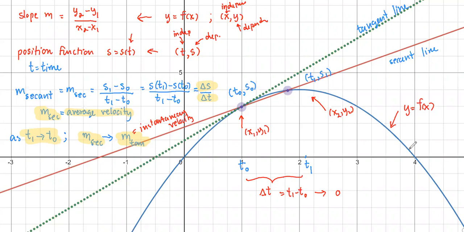So that means the difference in time is so small. So we can say that the average velocity approaches instantaneous velocity. In formula form, that means the slope of the secant approaches the slope of the tangent line.